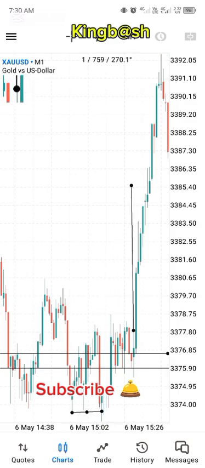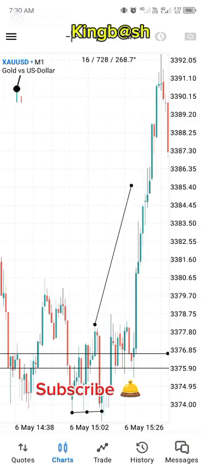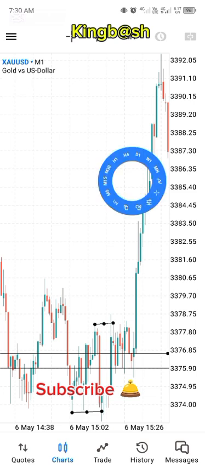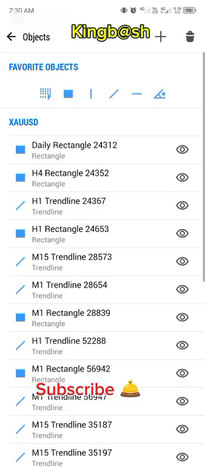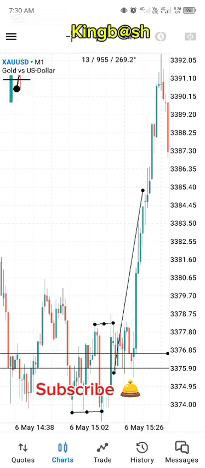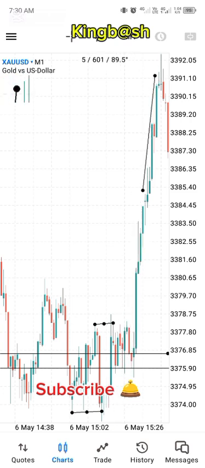This is a point where you start looking for your entry. After it takes the high, it left an imbalance here. Around this zone, when you see this rejection, this is where you take your entry. On the 1 minute, your stop loss should be below, and it will give you a higher risk to reward.